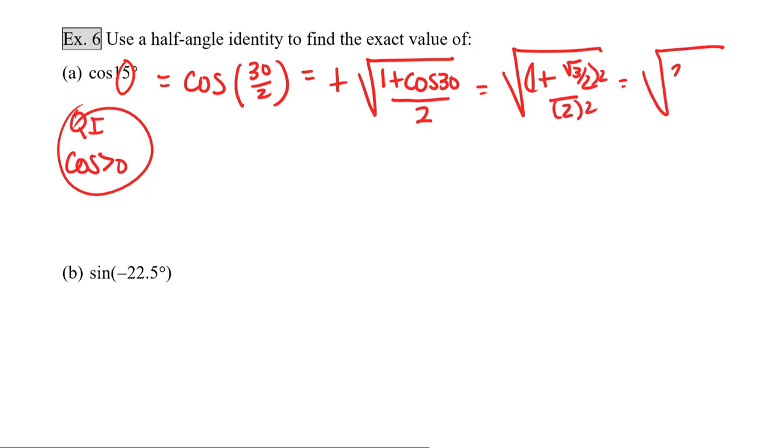And now I have 2 plus the square root of 3 over 4. Now remember, you can always take the square root of the numerator separately from the denominator. The numerator becomes square root of 2 plus the square root of 3. The denominator is the square root of 4, which is 2. I know this looks unusual, but it is okay to have a radical underneath a radical. So this is our final answer.